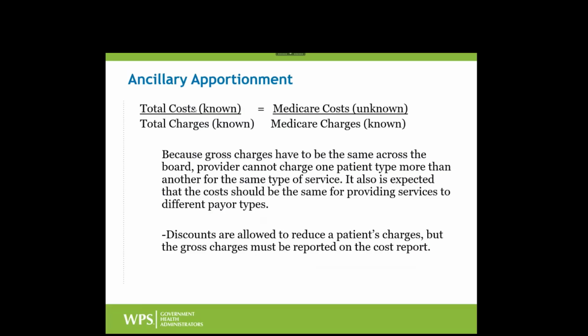Ancillary apportionment uses what we just used, the cost to charge ratio. Basically, we're saying the relationship between total costs and total charges, we're going to use that relationship to find out how much Medicare costs we have. It should be the same relationship between Medicare costs and Medicare charges, the same cost to charge ratio, essentially. We know Medicare charges easily because you've been billing them. We have the PS&R.